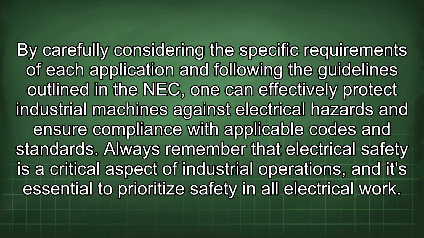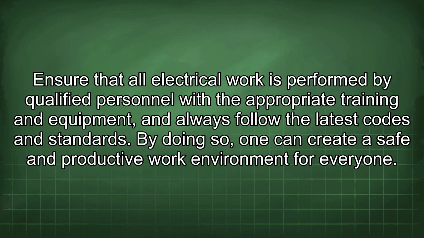Always remember that electrical safety is a critical aspect of industrial operations, and it's essential to prioritize safety in all electrical work. Ensure that all electrical work is performed by qualified personnel with the appropriate training and equipment, and always follow the latest codes and standards. By doing so, one can create a safe and productive work environment for everyone.